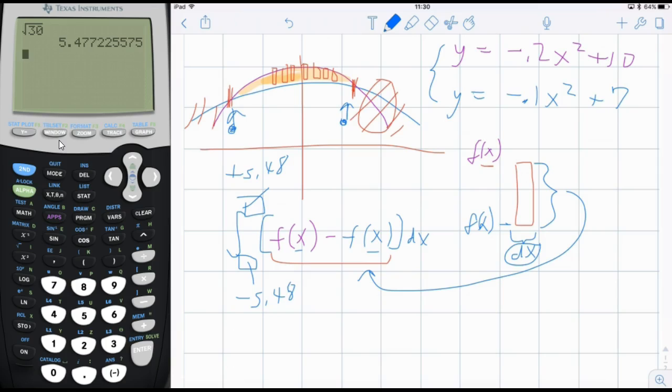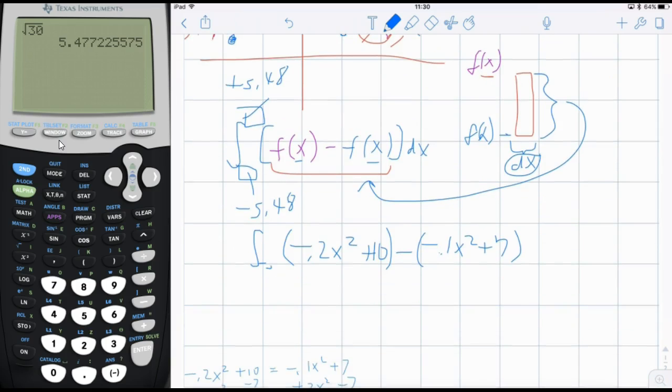Okay? And purple f of x minus blue f of x is going to be negative 0.2x squared plus 10, minus, and then we'll put in parentheses because we want to distribute the negative sign, the blue, which is negative 0.1x squared plus 7, right? And then we haven't taken the integral yet, so we leave the integration sign, negative 5.48 to plus 5.48.